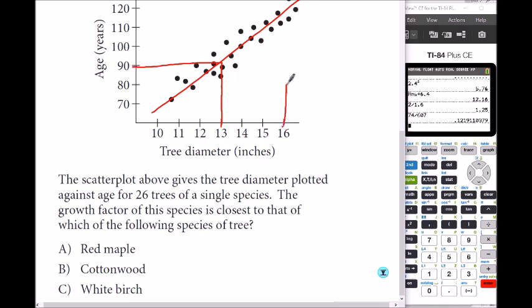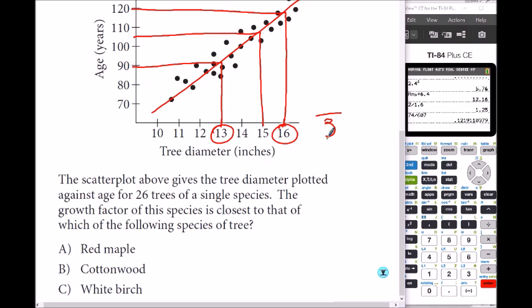At 16, it's at 120 or less than 120. Well, let me look at this. Yeah, so let's try these two. 13 to 16, it increased by 3 in diameter in inches. And the age in years was increased by 30. So it's about 10.